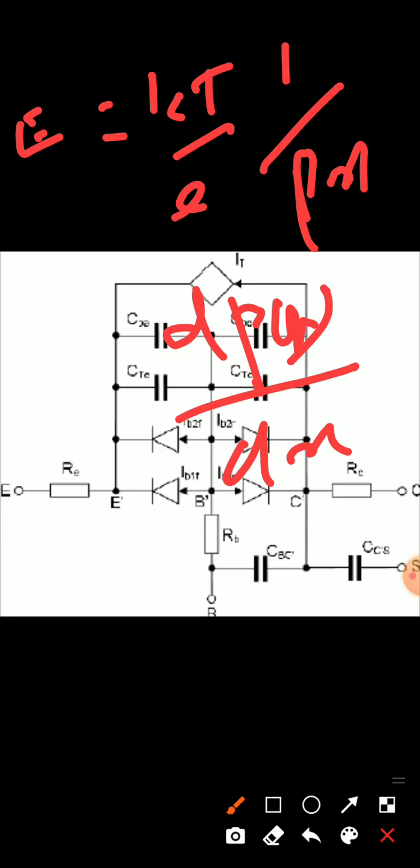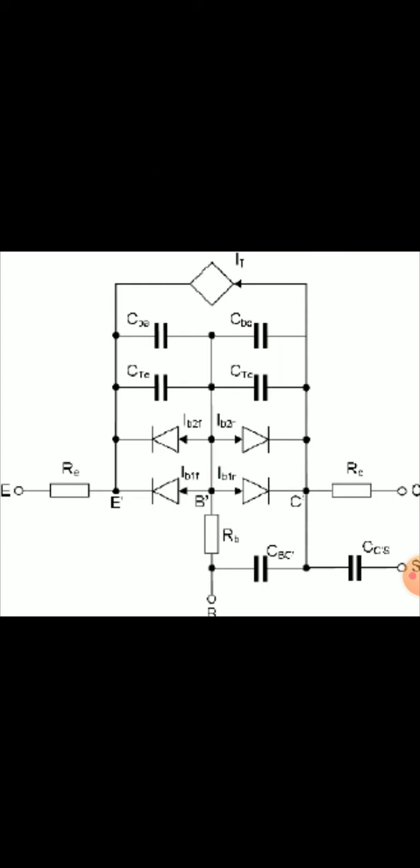Substitute the second equation in the first. From the Einstein relation, Dn is equal to mu n kT/q. This is the third equation. Substitute the fourth equation in the third equation.